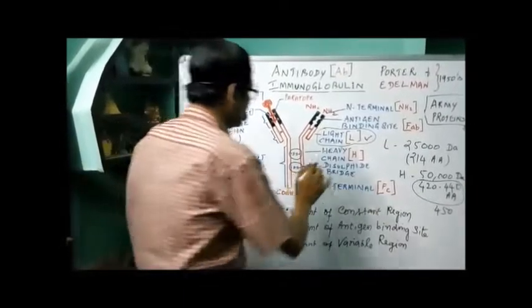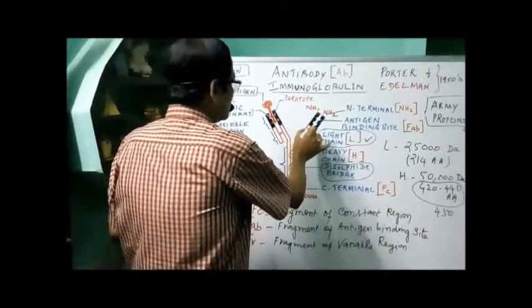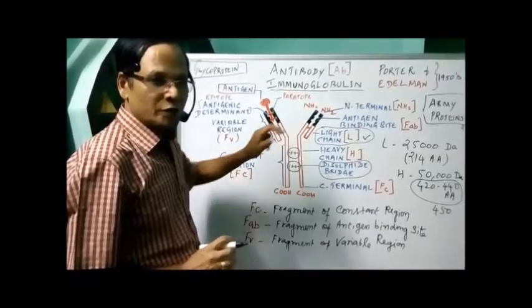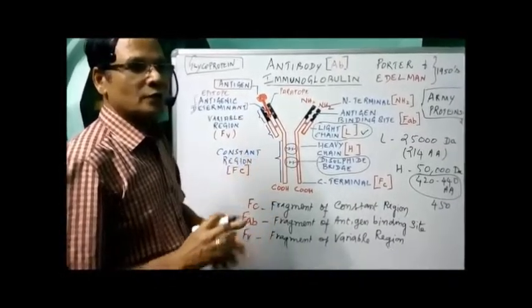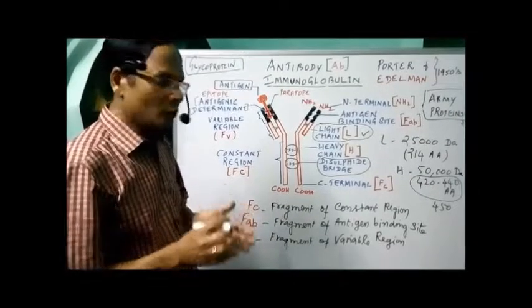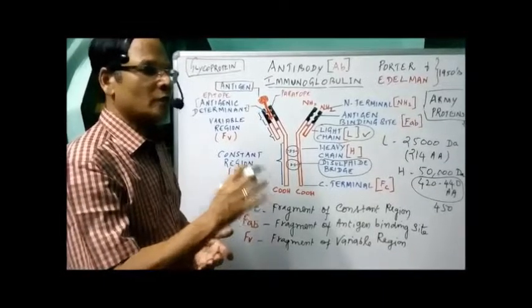It is also called a disulfide bridge. Likewise, one light chain is joined with one heavy chain, again by means of a disulfide bond or bridge. So a disulfide bridge is present between the two heavy chains and also between each light chain and heavy chain.